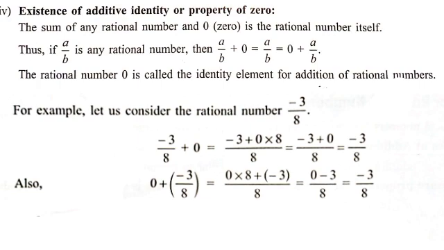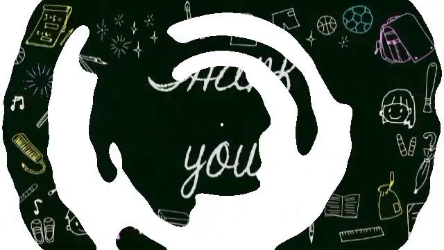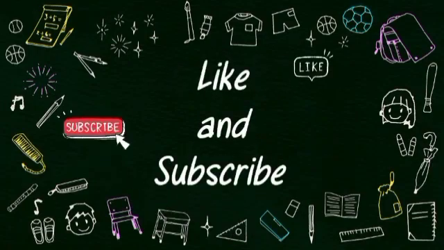So the first case and the second case had the same answer regardless of the 0 coming in front or at the last. So hence minus 3 by 8 plus 0 is equal to minus 3 by 8, which is equal to 0 plus minus 3 by 8.